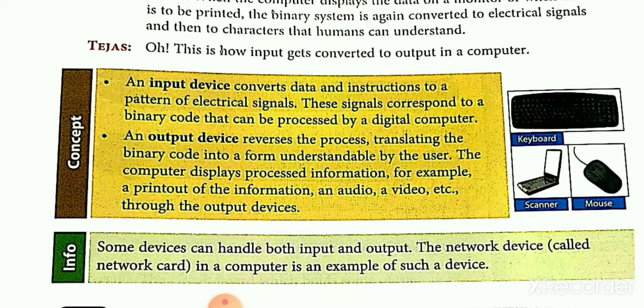The computer displays processed information, for example a printout of the information and audio, video, etc. They all are output devices. Some devices can handle both input and output. The network device called a network card in a computer is an example of such devices.